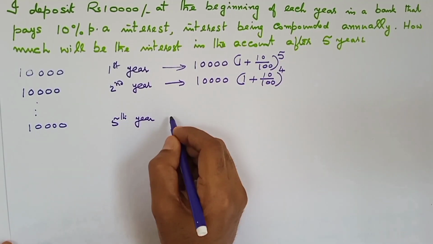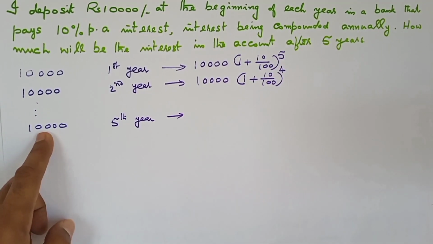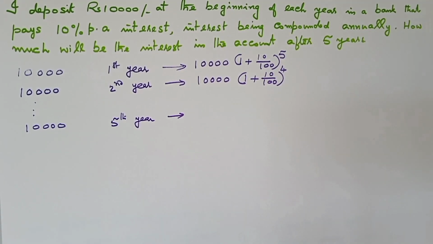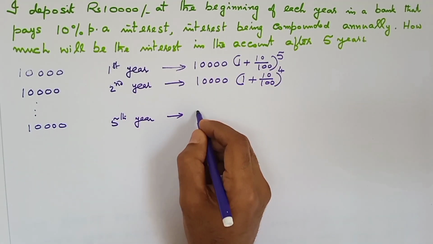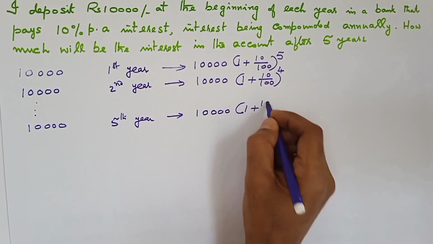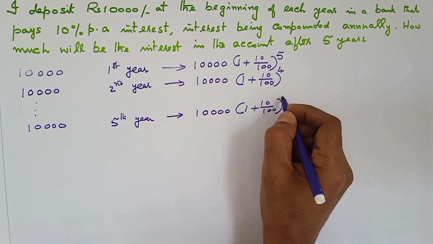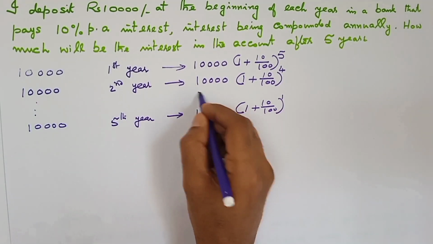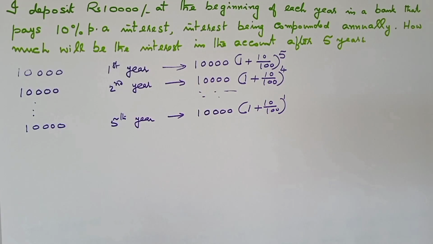Now, if you go on like that, the last 10,000 deposited will stay with the bank only for 1 year, because you are depositing at the beginning of the fifth year and you're calculating interest after 5 years, meaning at the end of the fifth year you're calculating the total amount you receive. So it will be, and in between there are 2 other deposits.